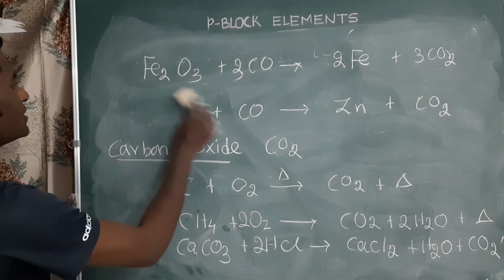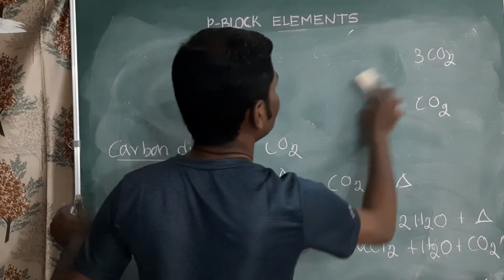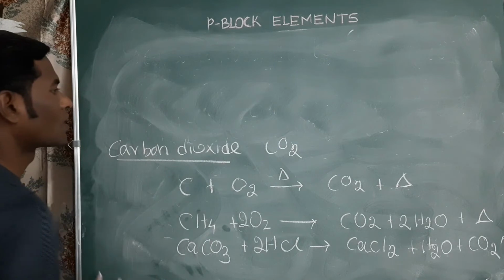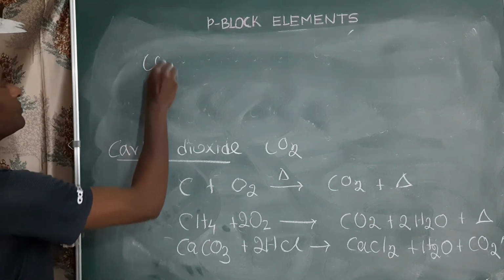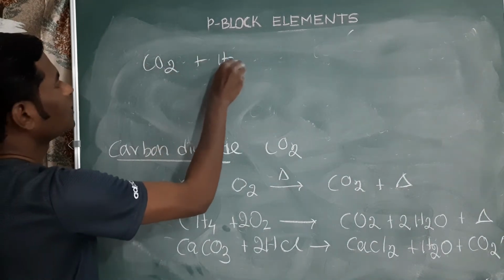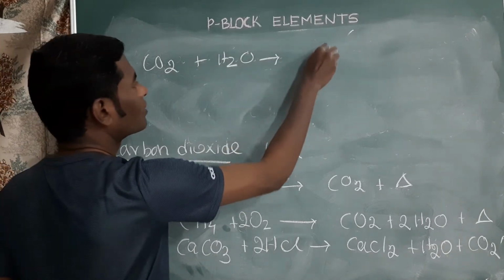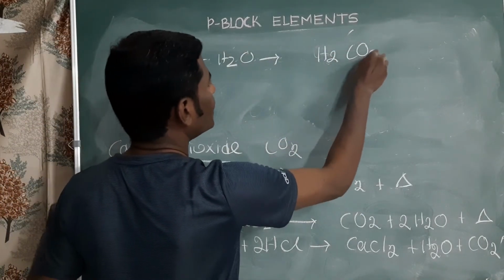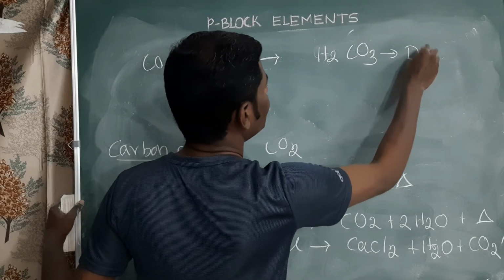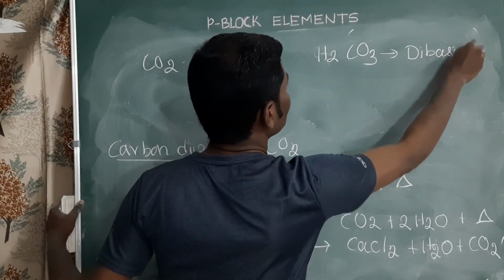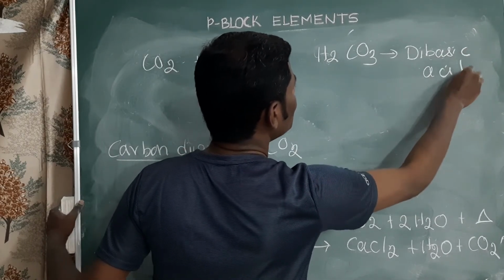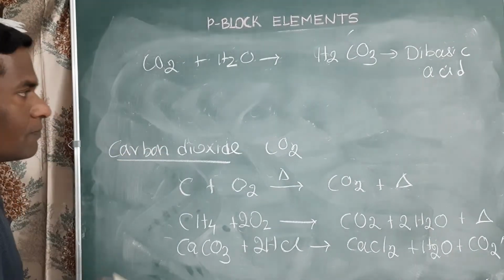This carbon dioxide is acidic in nature. When carbon dioxide dissolves in water, it forms carbonic acid. CO2 plus H2O gives carbonic acid, molecular formula H2CO3, which is a dibasic acid. It contains two replaceable hydrogen atoms.